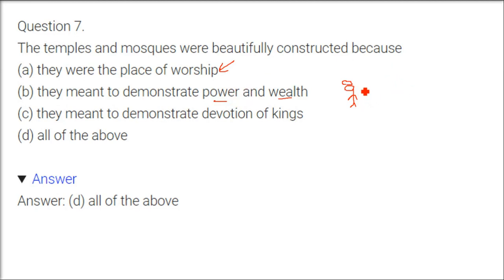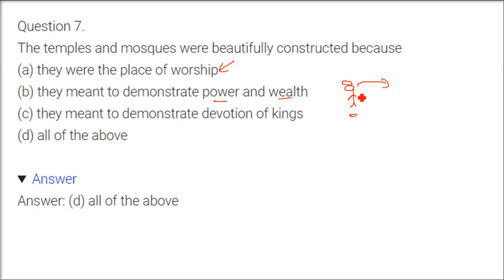So that is how they will put very precious material like gold and silver, etc. in the temple or the different parts of the temple, maybe say entrance, etc. And there also is a meaning to demonstrate the devotion of kings.